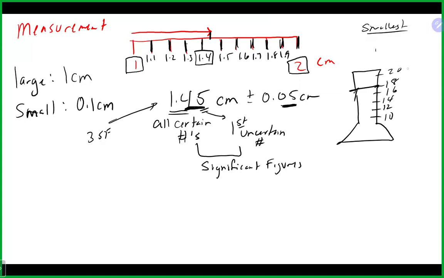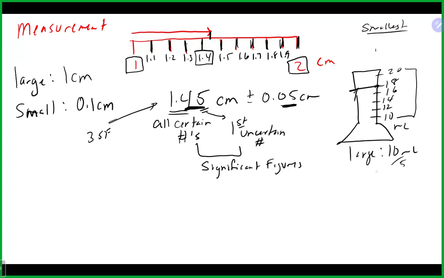So once again, in this scaling, our big markings are between 10, and if these were milliliters, our large markings here are going to be 10 milliliters. Our small markings in this case are going to be 2 milliliters, as there are basically 1, 2, 3, 4, 5 markings in between.